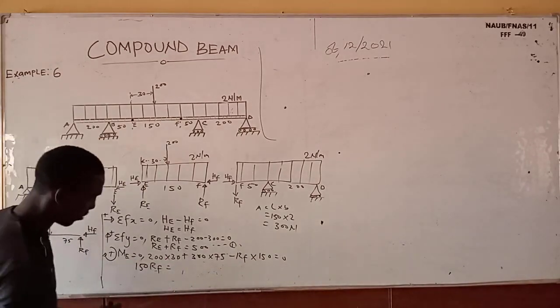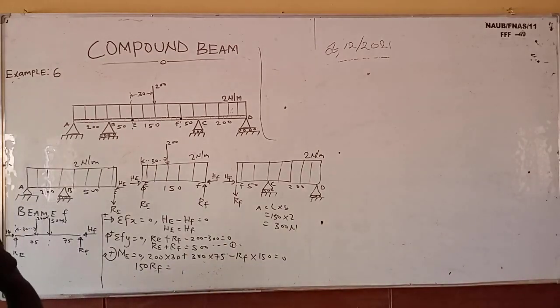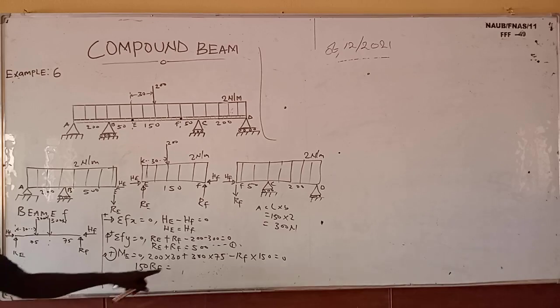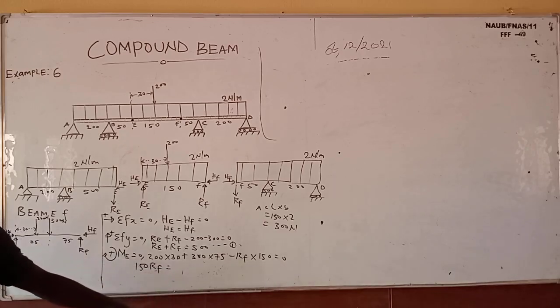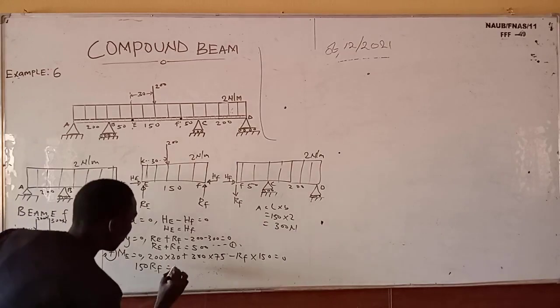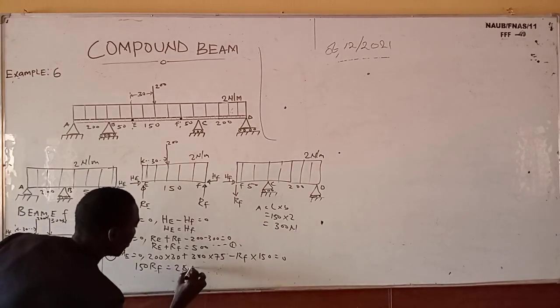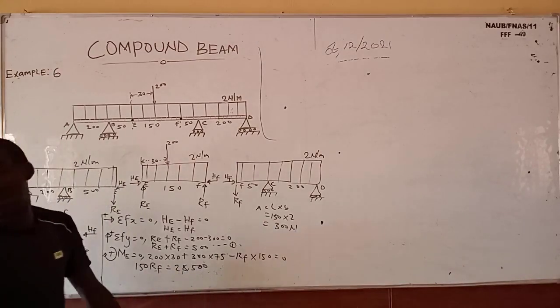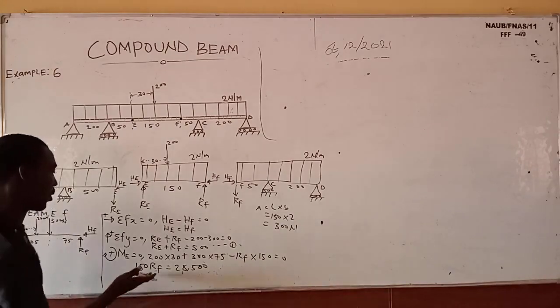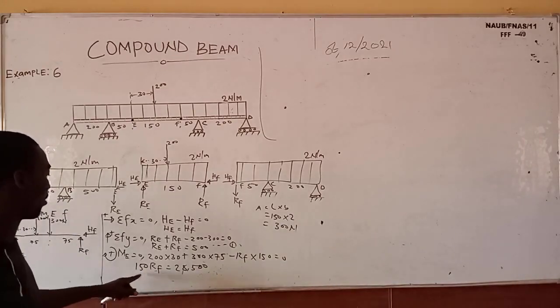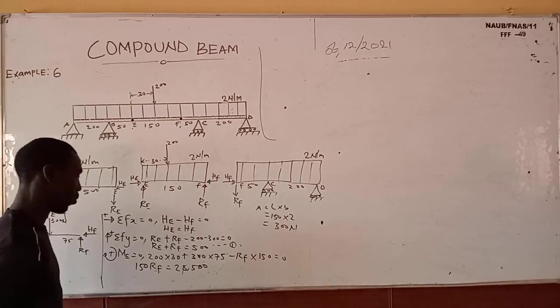What is that going to give us? Let me press my calculator. 200 times 30 plus 300 times 75. That is going to give us 28,500. Yes, it's correct. Now, for me to get R_F, I'll divide both sides by 150.